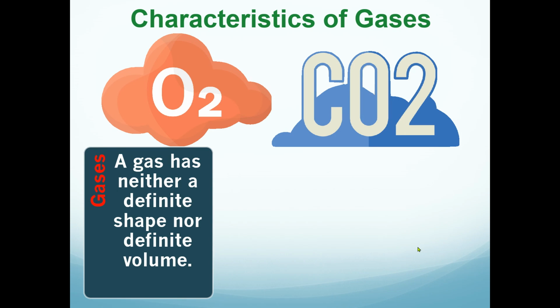Well, a gas, remember that bond is broken. These particles can go in every which direction that they want, and they will just move and spread out as far as the containers will allow them. And that really makes it difficult to count on their volume as well.